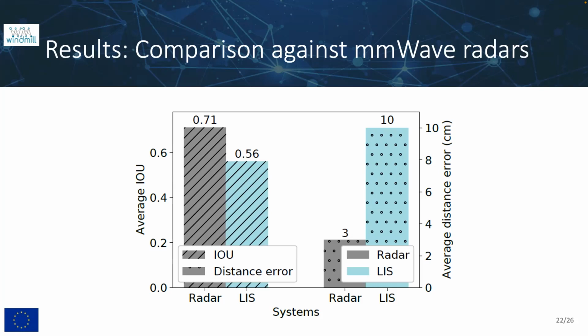But the takeaway message here is that it's just a 7 centimeter difference in error. With all the advantages that this system, LIS, has, it is really proved to be working and really good for communication capabilities, something that the radar cannot do. So mainly we are showing that LIS can have almost the same accuracy in positioning as radar would have, and we can integrate both functionalities into the same device.